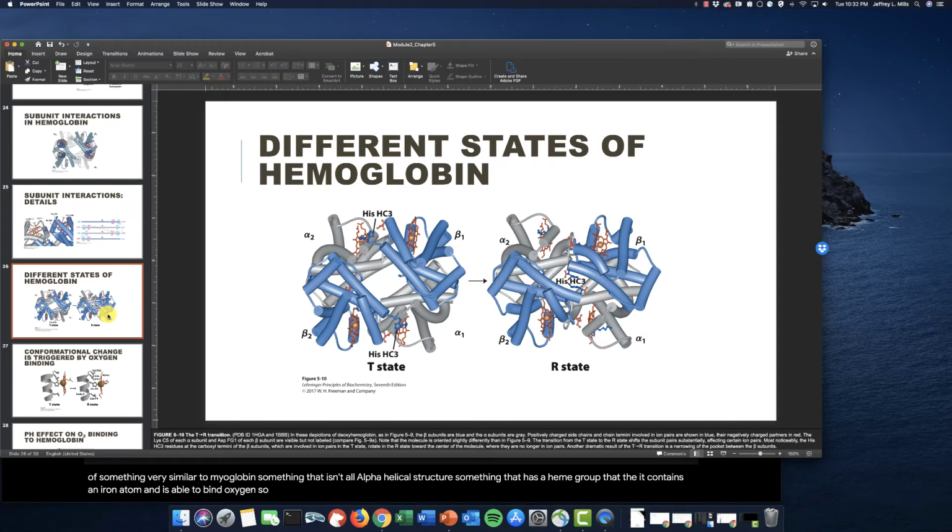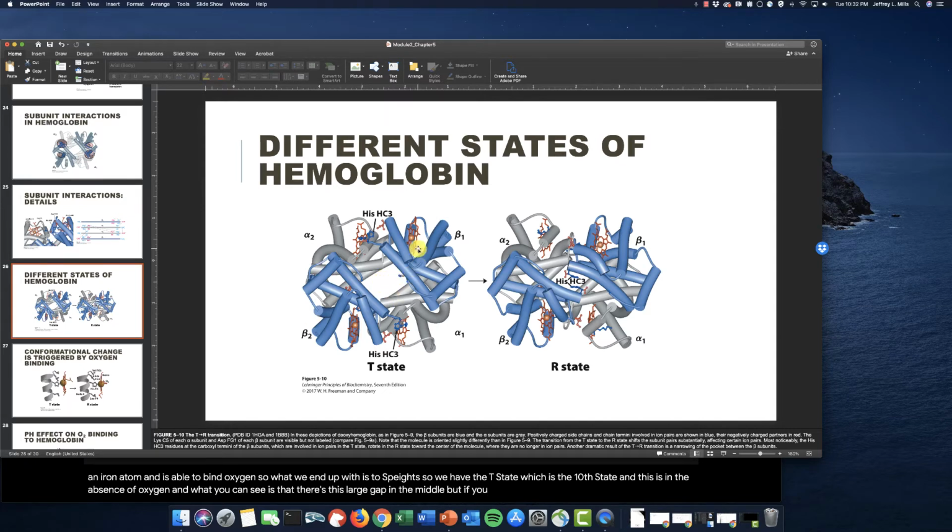So what we end up with is 2 states. We have the T state, which is the tense state. And this is in the absence of oxygen. And what you can see is that there's this large gap in the middle.